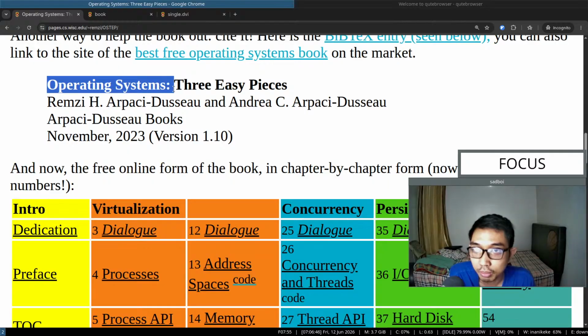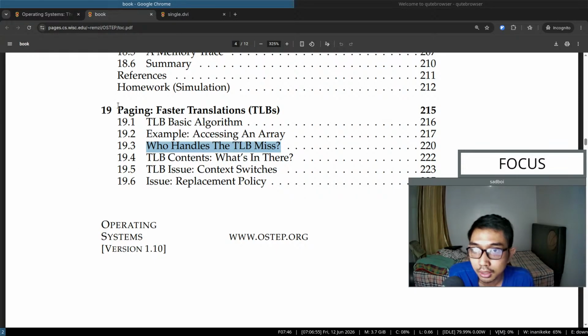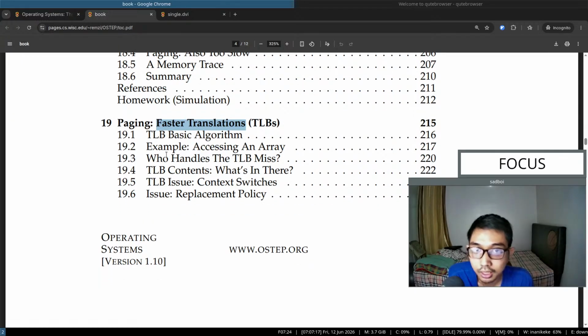I'm trying to learn how the operating system works by reading this book, Operating Systems: Three Easy Pieces, and currently on chapter 19, learning about paging with the translation lookaside buffer for faster translation from virtual address to physical address, and currently on section 19.3, who handles the translation lookaside buffer miss, something like that.